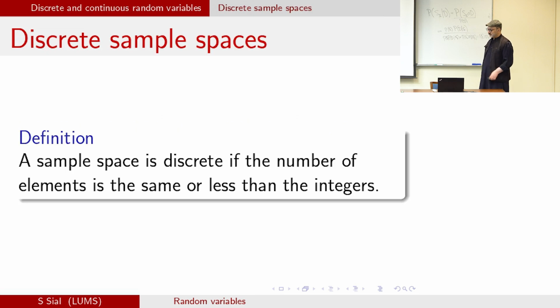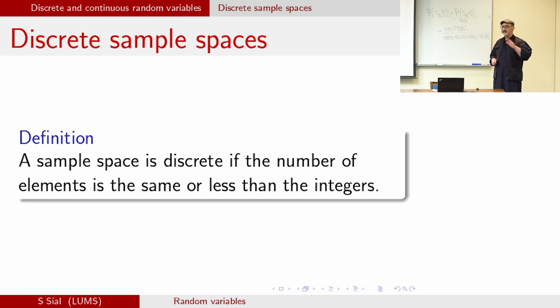Okay? So basically the idea is that if the sample space is the size of the integers, or less than the size of the integers, we call that sample space discrete.